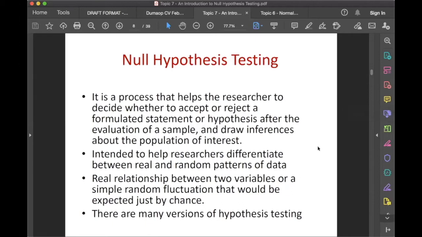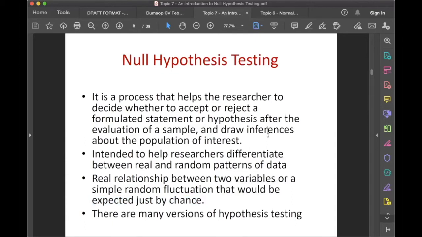Okay. And to be more precise, in the context of research, when we talk about patterns, we're talking about relationships between two variables. So are they real relationships between two variables, or is the seeming relationship that we're seeing just some kind of random fluctuation that would be expected to happen by chance?